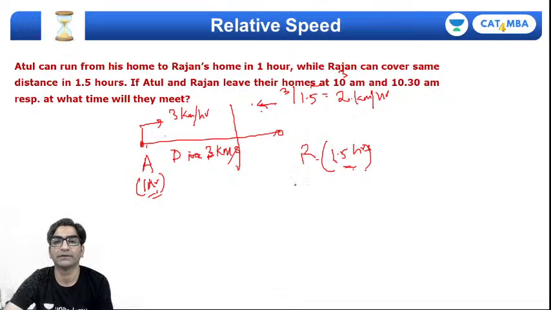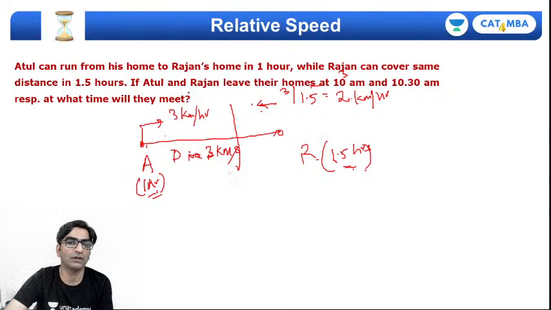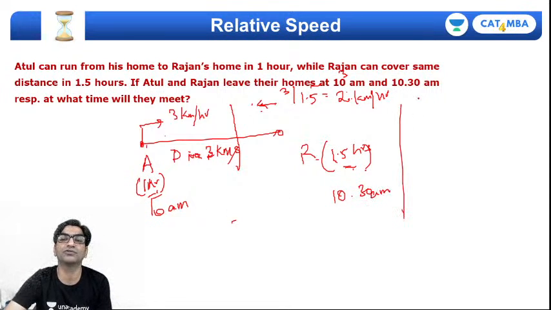Now, Atul and Ranjan leave their homes at 10 o'clock and 10:30, right? So, you know, this train leaves at 10 a.m., this train leaves at 10:30. Now, the fact that there is a half an hour gap between their starting points means you should account for it. You should say first half hour, 10 to 10:30. What will happen?